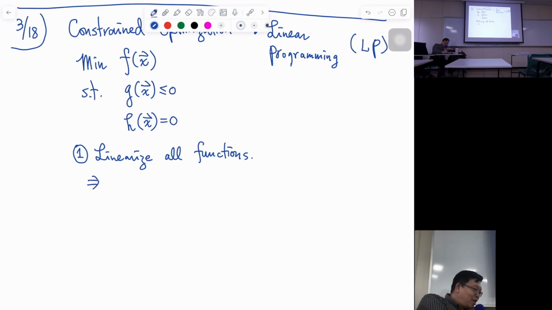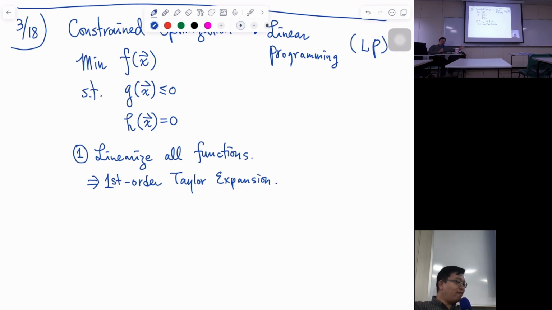So basically you use first order Taylor expansion. Okay? We can only handle linear functions. LP cannot handle nonlinear functions. So let's assume you already know how to do it.